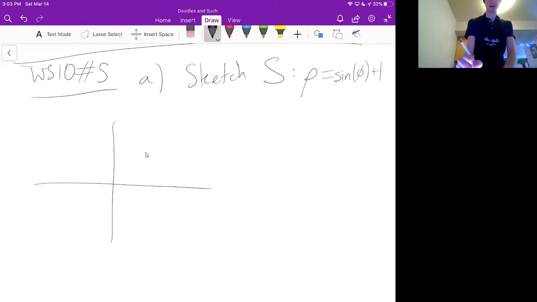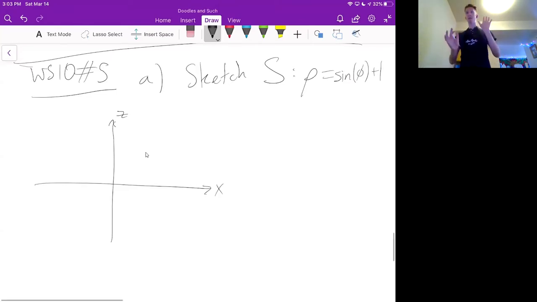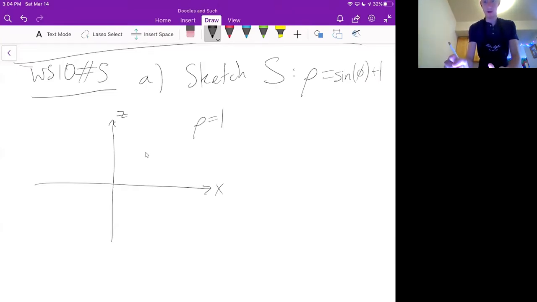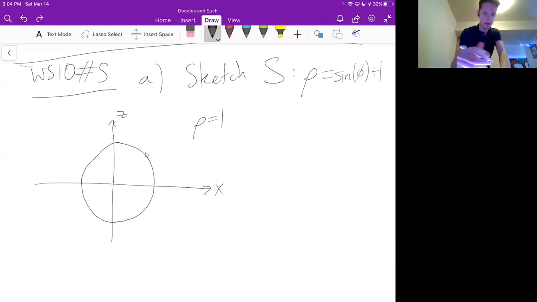So if I just imagine my zx plane, let's say, and I'm not thinking about the y direction because once I draw the zx plane cross section, I can just rotate that around and that has to be the right shape. If I were just to try to draw rho equals 1, I'm looking for the set of points whose distance to the origin is 1. So that's pretty easy to do. I get this cross section being a circle here, and then I rotate that around and I get a sphere.